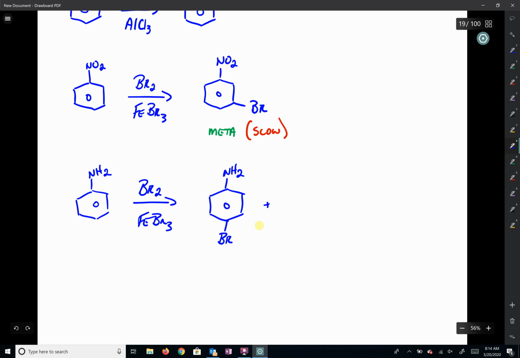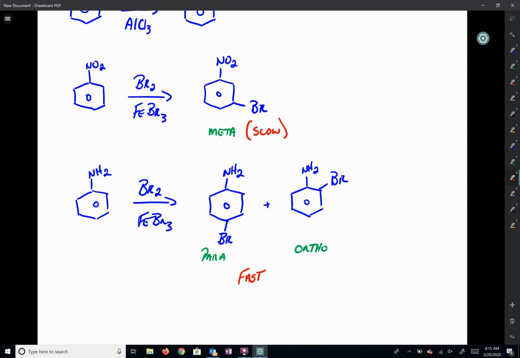But we also get this product. So we get the para, in green, and the ortho. So para and ortho. And this is actually relatively fast, and we don't see any of the meta happen.